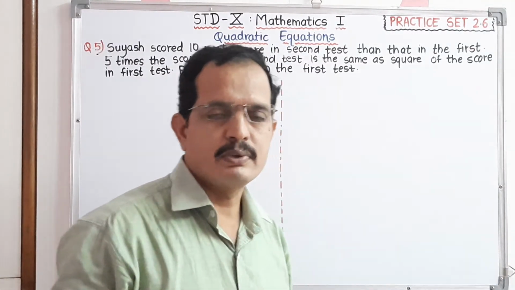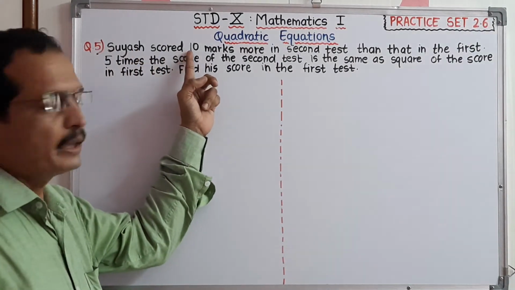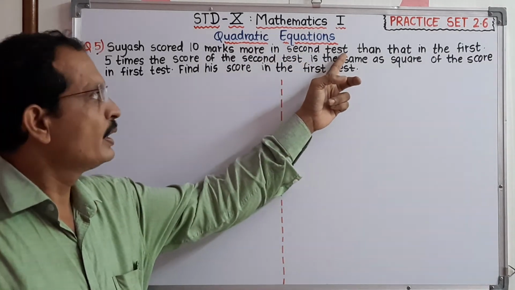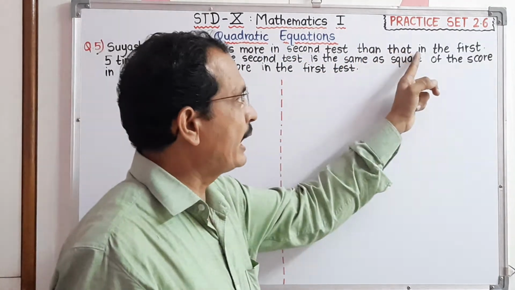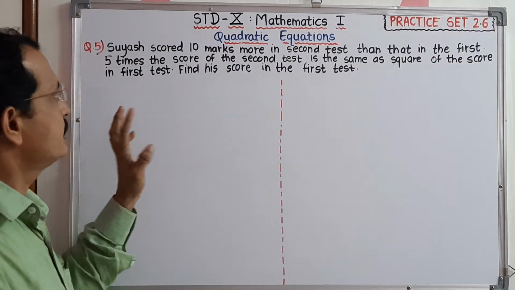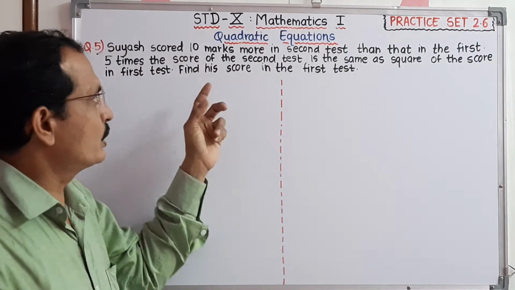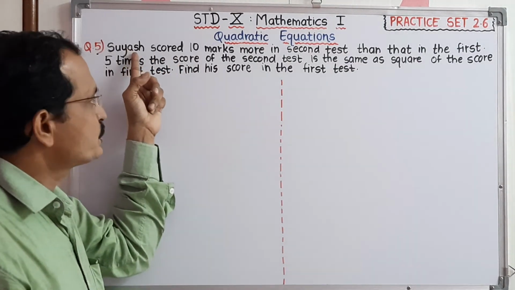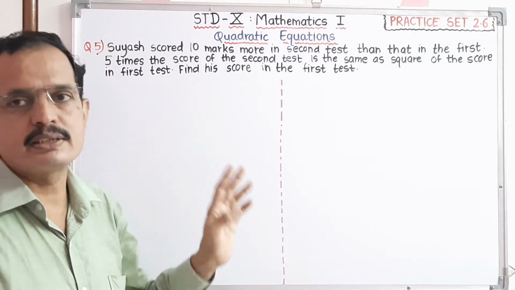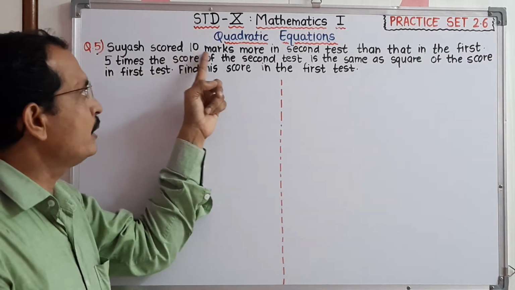Students, see the fifth question. Suyash scored 10 marks more in the second test than in the first test. That means the relation between the score of Suyash in the first test and the second test is given.